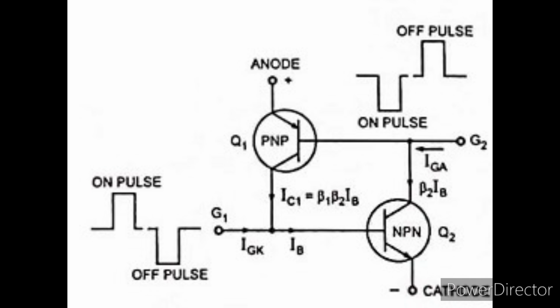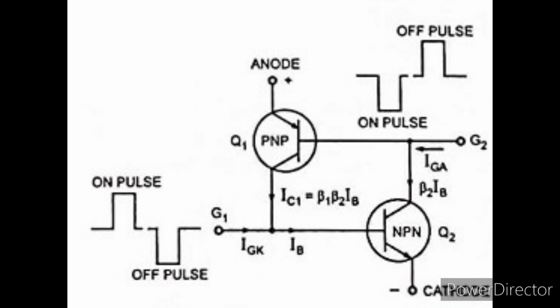A positive pulse can be applied at the cathode gate G1 to turn the device on, or a negative pulse at the anode gate G2 will also turn the device on. If we use the cathode gate to turn the device on, then a positive pulse at the anode gate will make the device off.